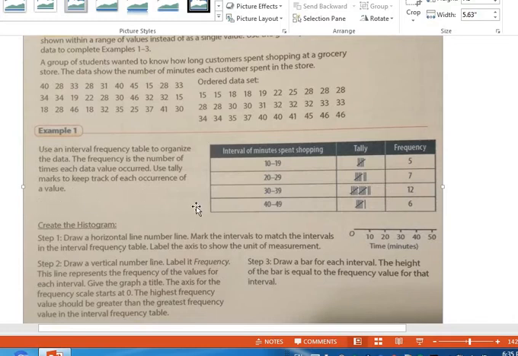Okay, I have here the steps for how to create the histogram. Step 1: draw a horizontal line and mark the intervals to match the interval frequency table. Label the axis to show the unit of measurement.